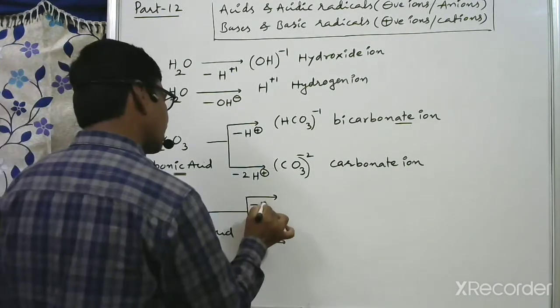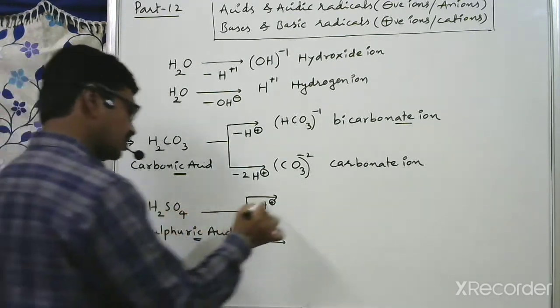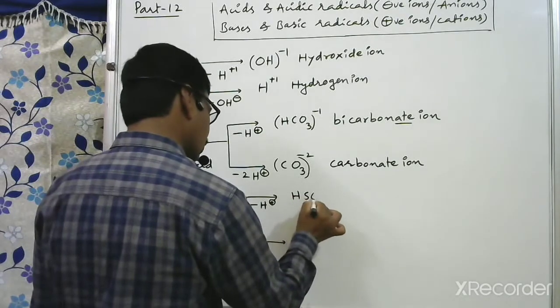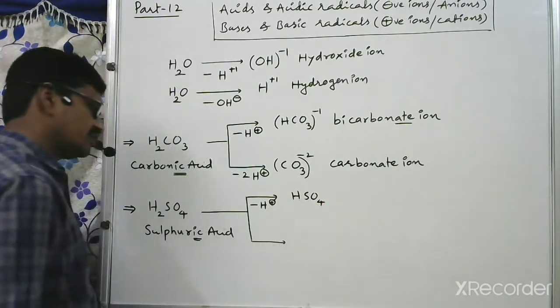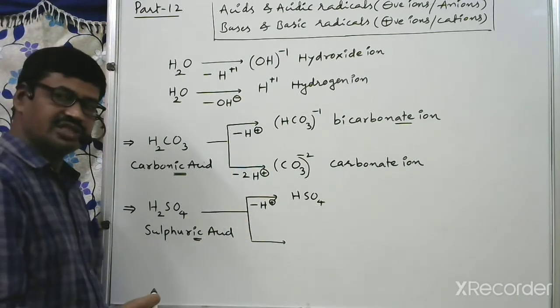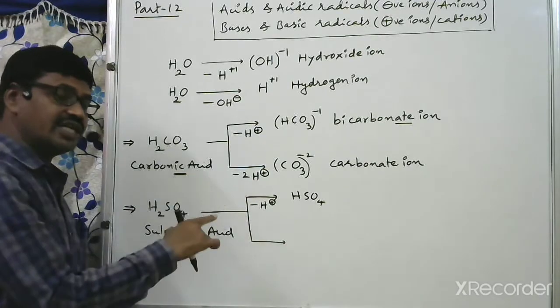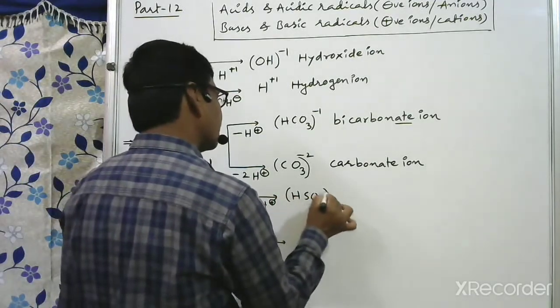By the removal of one hydrogen in terms of positive charge, the remaining part is HSO4 only. This remaining part carries how much charge? Because one positive charge is removed, it will take one negative charge above this.